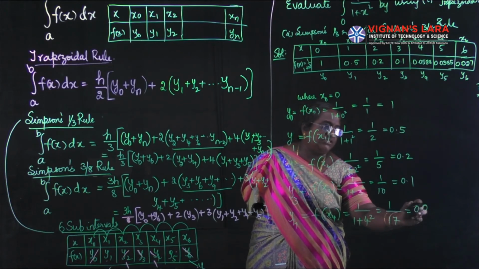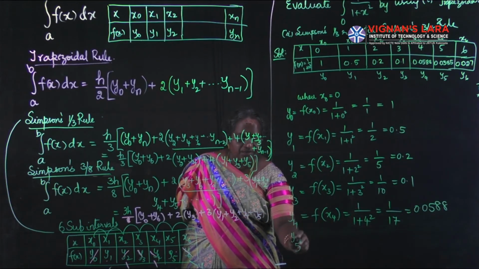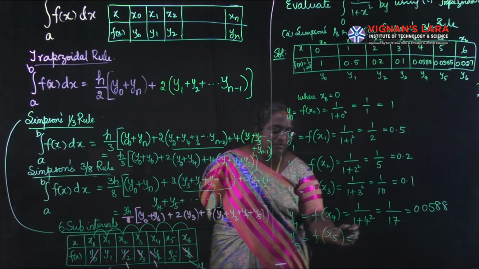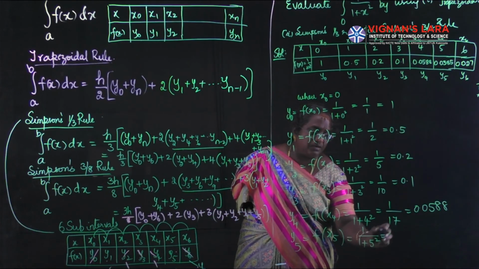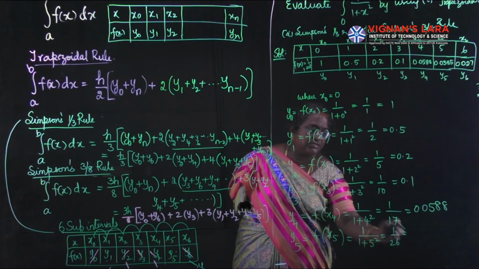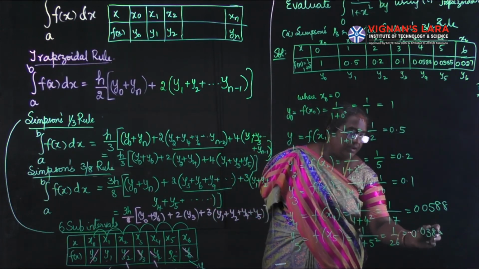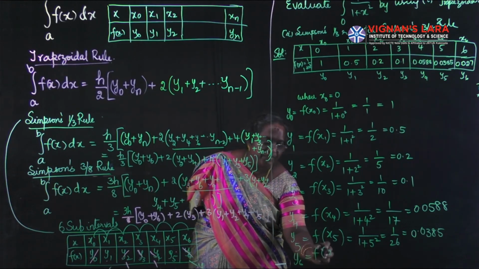It comes to be 0.0588. Next y5. y5 is f at x5. That is equal to 1 by 1 plus 5 square. 25 plus 1, 26. 1 by 26. So it comes to be 0.0385.